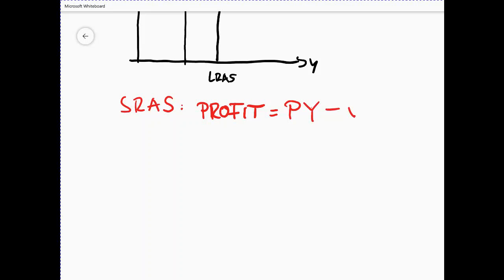In the short run, we will say that the capital is not changing, but firms can hire new workers or lay them off. So we have a nominal wage times the labor employed in the economy, minus the price of capital stock or rental price of capital times K, and we will disregard this part and treat it as constant here.